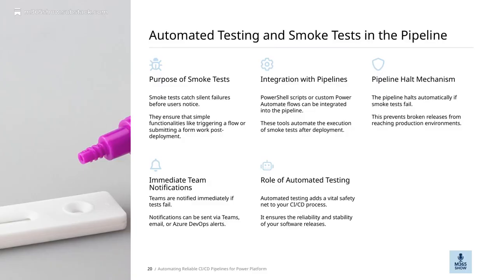These notifications can come through various channels like Teams, email, or Azure DevOps alerts, making sure everyone stays informed without delay. Another key point is that if smoke tests fail, the pipeline automatically halts. This automatic stop prevents broken or incomplete releases from making it into production, protecting the end user experience.